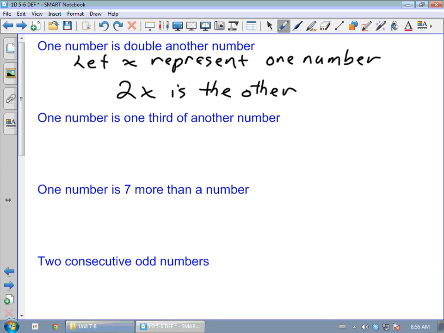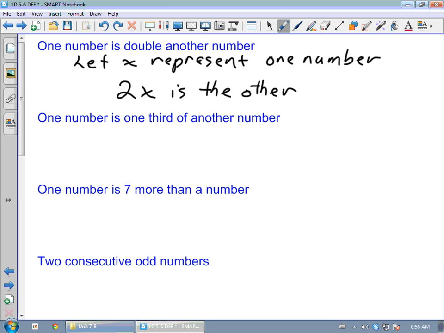If our first number is x, our second one is 2x. And it says one number is double another number. In this case, it doesn't really matter which one you choose as the first number and which one you choose as the second number.